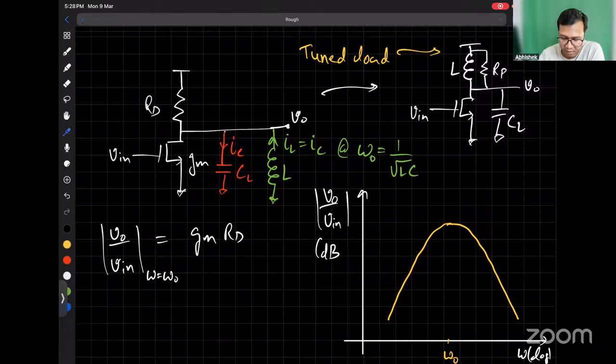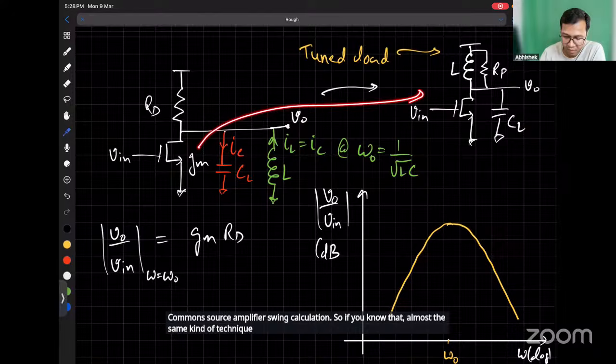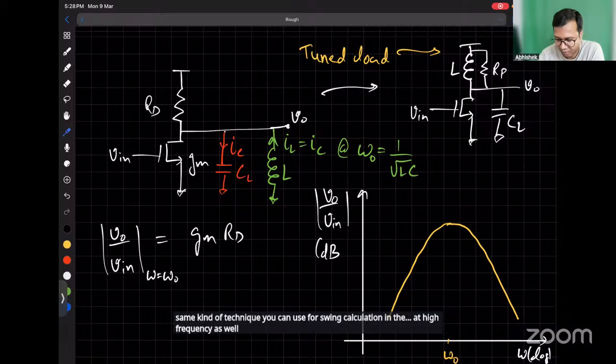It is assumed that at least you are already familiar with the basic common source amplifier swing calculation. If you know that, almost the same kind of technique you can use for swing calculation at high frequency as well. The basic idea that the transistor should be operating in the intended region of operation will not change.